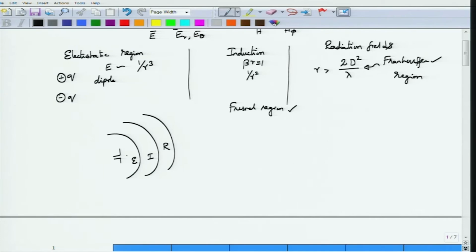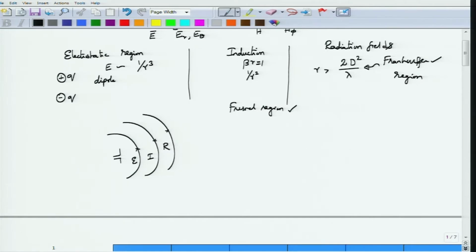There is no definite earmarking of these boundaries. They are kind of fuzzy, and one basically looks at the contribution of the different components of the electric field to arrive at whether we are operating in the electrostatic, induction or radiation fields. These are not really set in stone or given by an exact formula. So, please do not rely on this for all your work. These are just thumb rules.